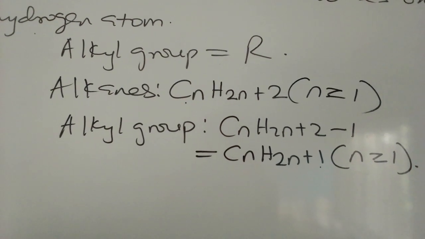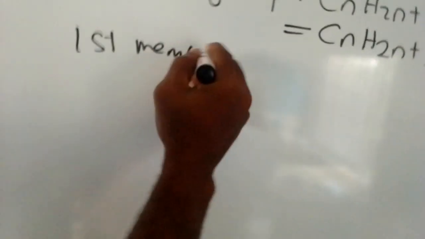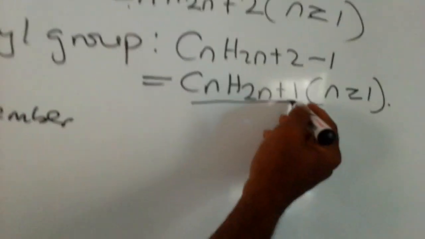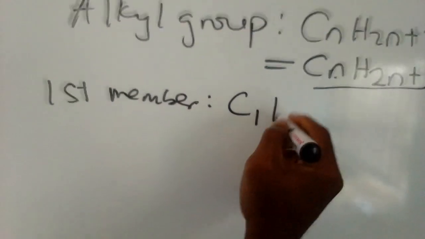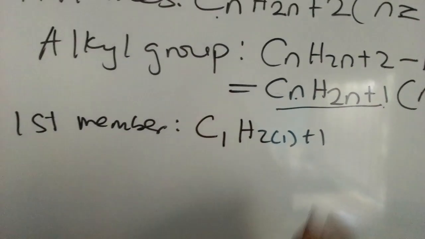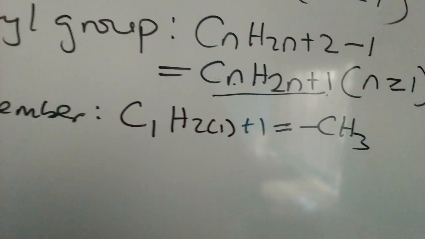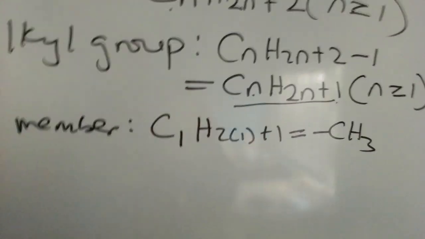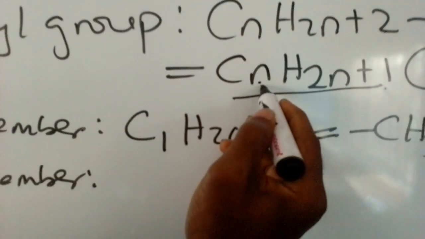So having done that, if I wish to get the first member of the Alkyl group from this formula, I replace n with 1. I'm going to have C1H2 times 1 plus 1, I'll have CH3. Then second member of the family, I'll replace n here with 2.